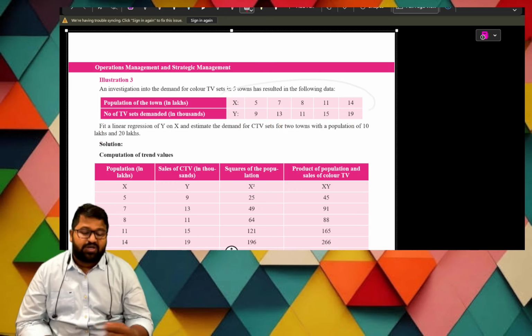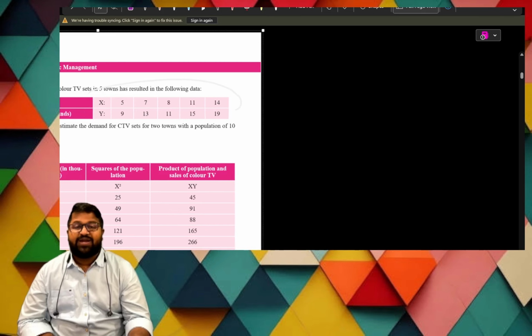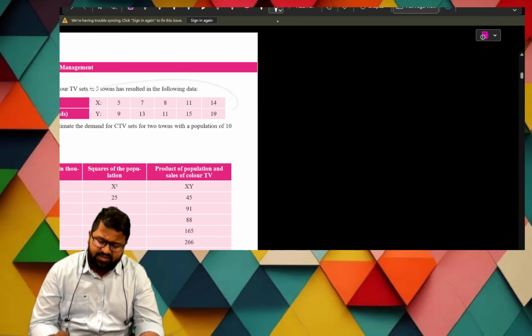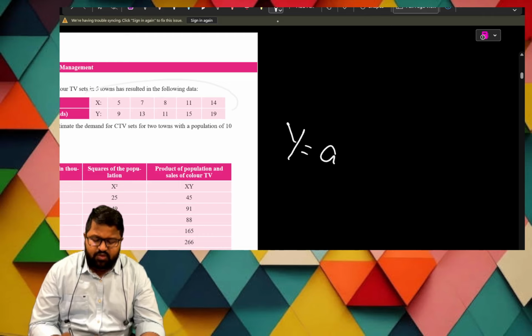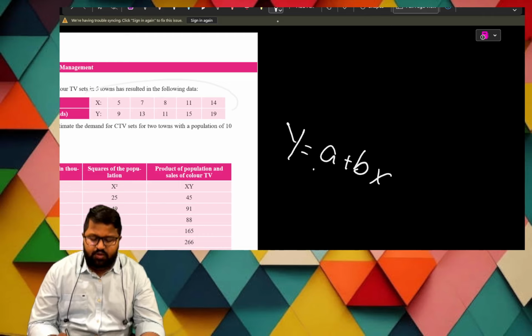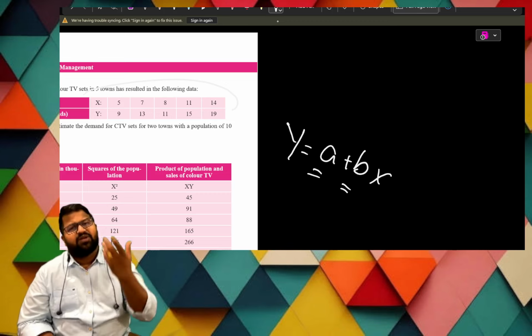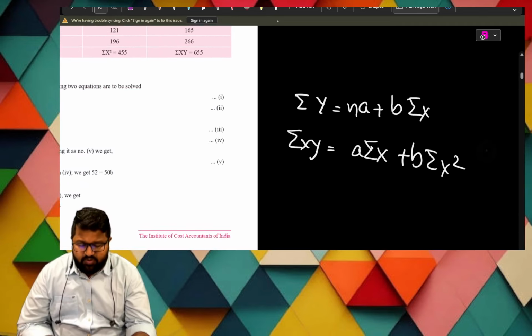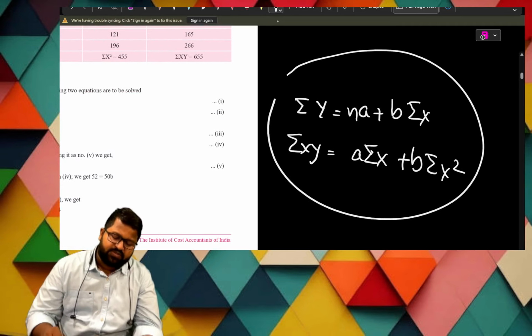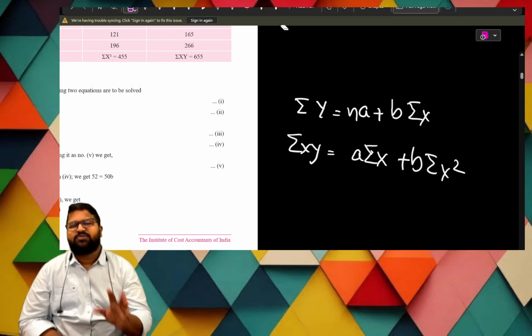When time is not given, we use a different formula to find the values. Even in this case, we go with y equal to a plus bx. However, to find the values of a and b, not like earlier problems, we have a different pattern. What is that pattern? We use two equations, and these equations have to be solved.